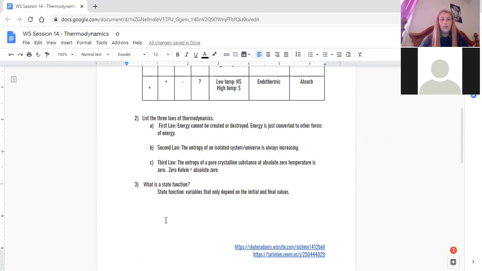I talked about these two things in our worksheet today. So one example of this is entropy, and another one is enthalpy.